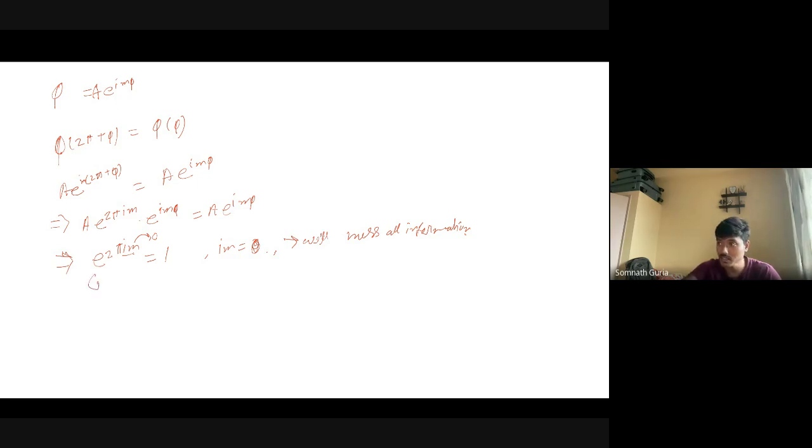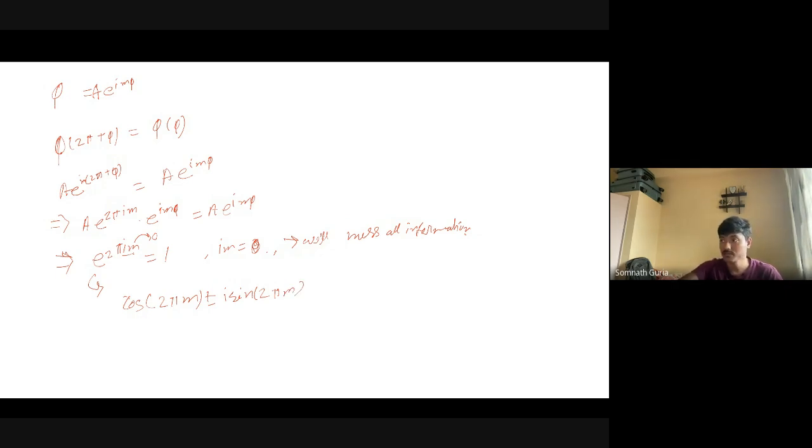Here is one smart technique. e to the power 2 pi im can be written as cos of 2 pi m plus minus i sine of 2 pi m.